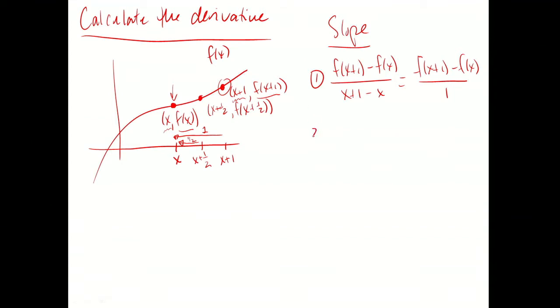Our second guess, as I already drew in the picture here, was using the x plus a half. So we did the same computation, but now instead of 1 unit away, we were half a unit away. And we computed this. And then we make a similar substitution where we say, okay, it's kind of silly to write that on the bottom there. I should probably just do a half.